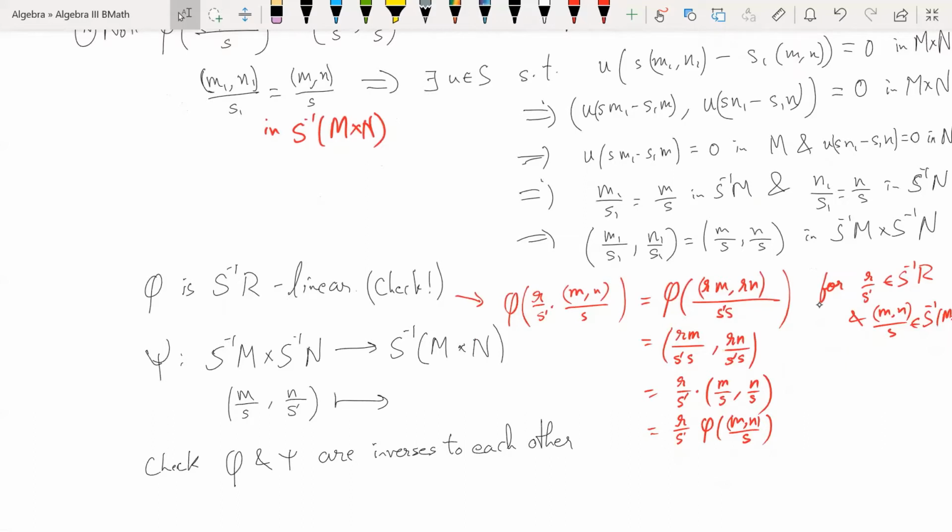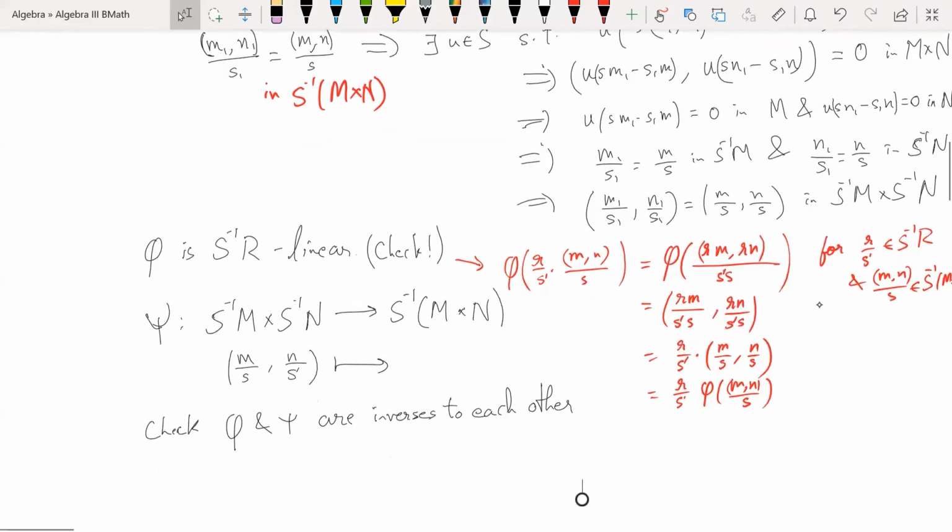So what should this element go to? Any guesses? In S inverse M cross N. So S prime M comma S N over S S prime. Usually we write action on the left.